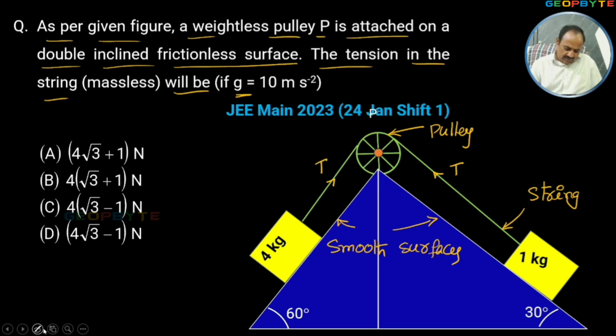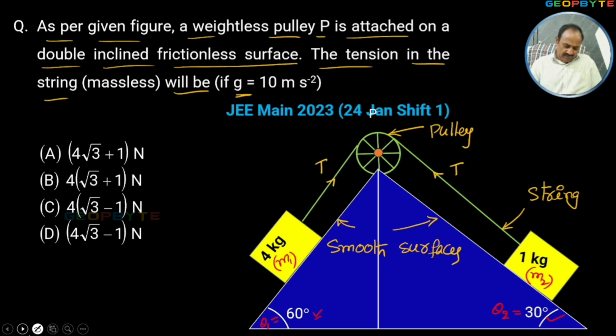Now look at the left side block: mass M1 is placed on one plane, the left side plane, with angle theta 1. The other mass M2 is placed on the other plane, angle theta 2 is 30 degrees, theta 1 is 60 degrees.